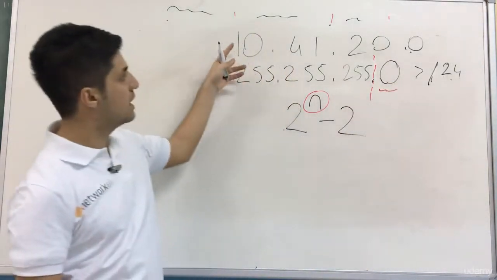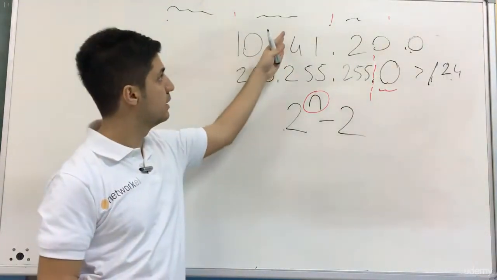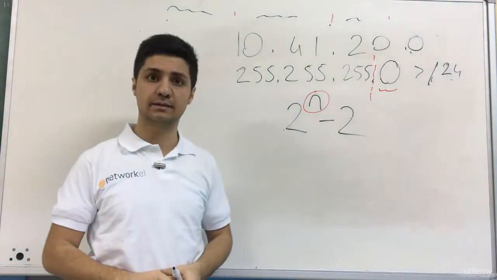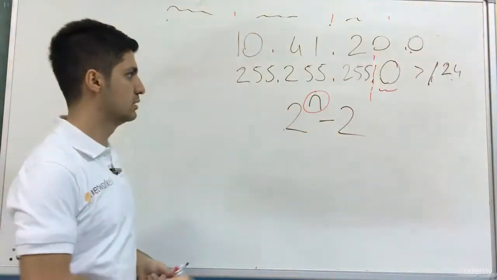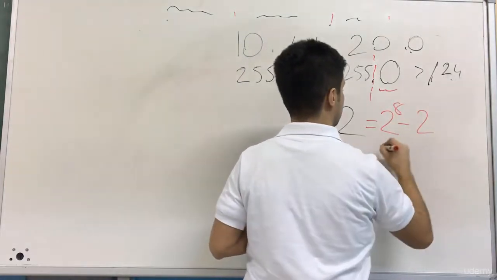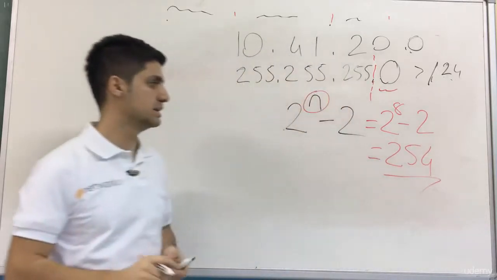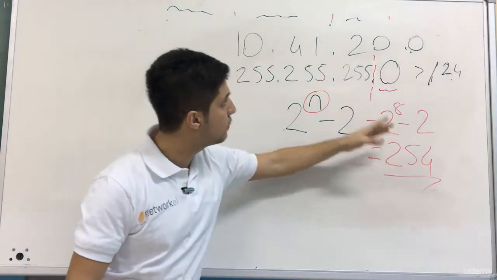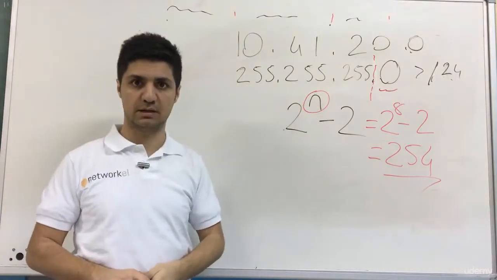Please keep in mind that an IP address and subnet mask are 32 bits, in 4 portions, and each portion has 8 bits. So I have 8 zeros for this scenario. So, 2 to the power 8 minus 2, and 254 is the end result. That means I can use 254 IP addresses in this network ID with this subnet mask.